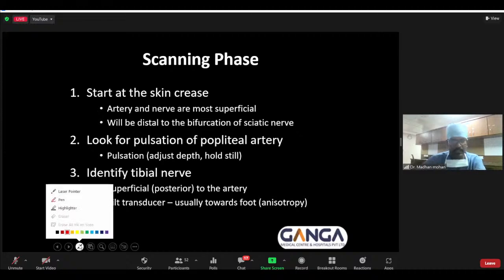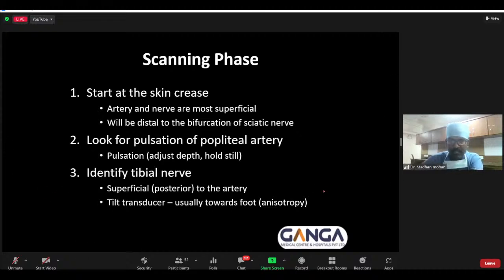As you can see here, this sciatic nerve in the popliteal region is not always lying straight. It will be oblique like this. Suppose you're keeping the ultrasound transducer like this.